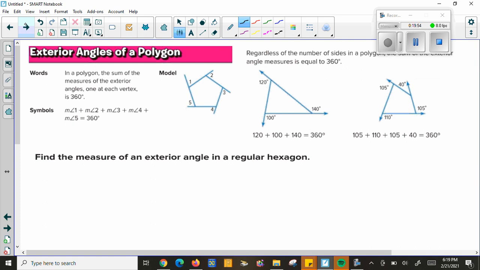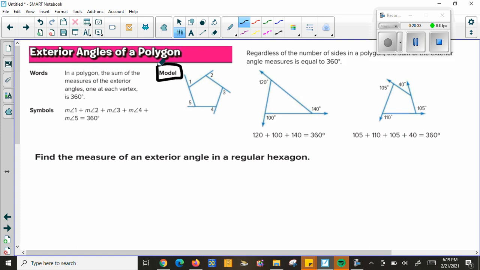We also have exterior angles. These are angles that are on the outside of the polygon, and they're made by extending each of the line segments, as you can see in this model here. In a polygon, the sum of the measures of the exterior angles, one at each vertex, such as the model, is 360.